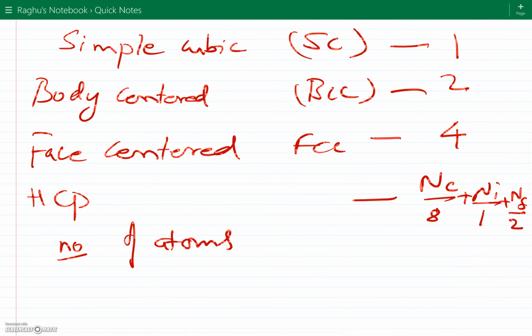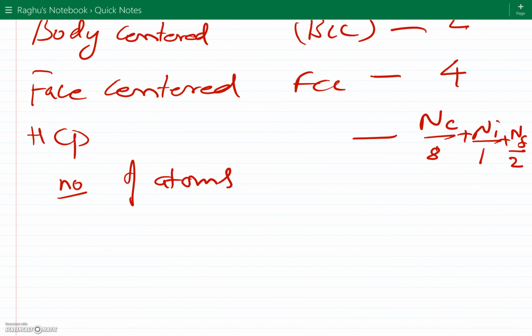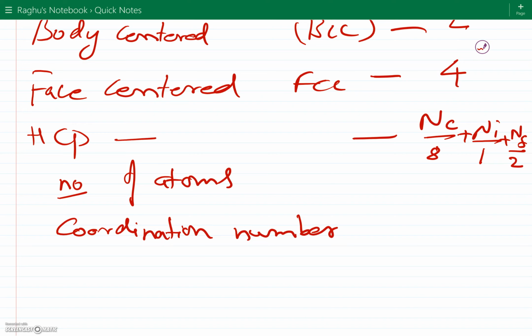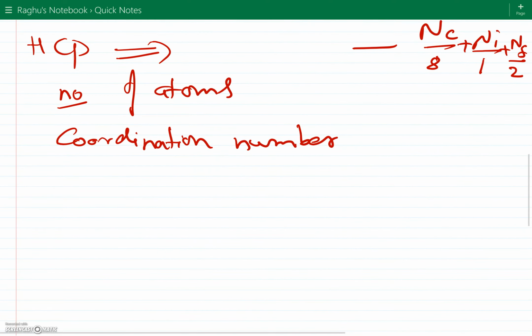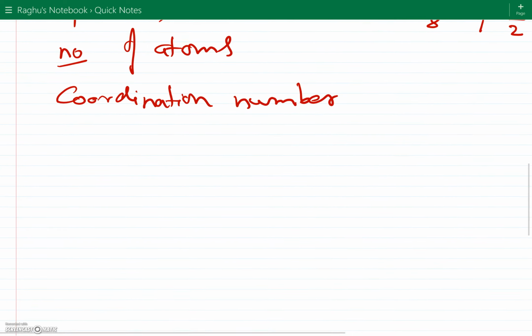So you can calculate the number of atoms and the coordination number. It's a little different for HCP, where the corner atoms are divided by 12 rather than 8, because there are 6 times 2, so 12 corners in there.